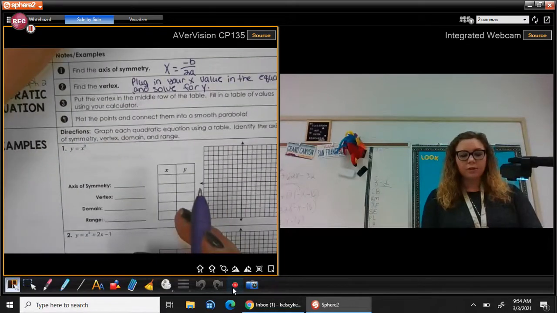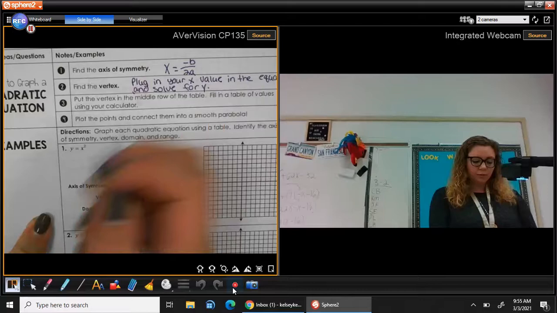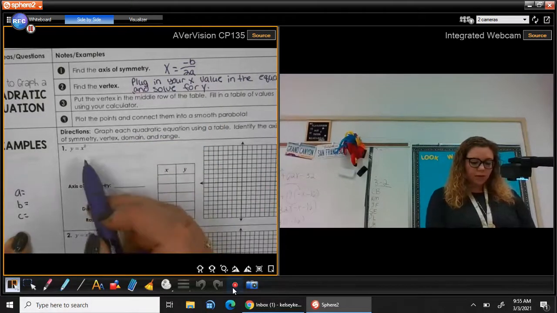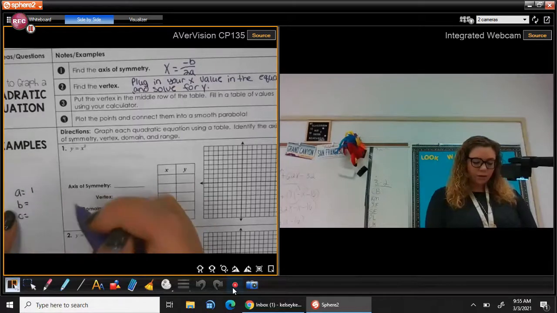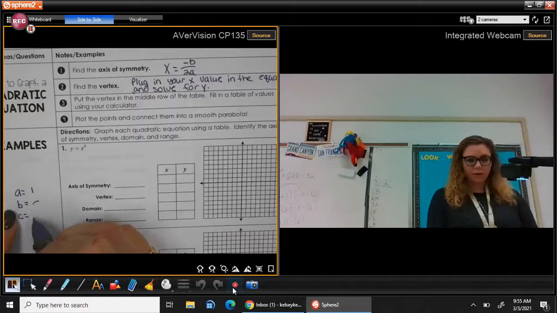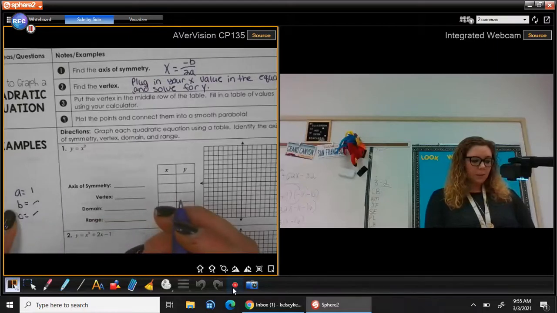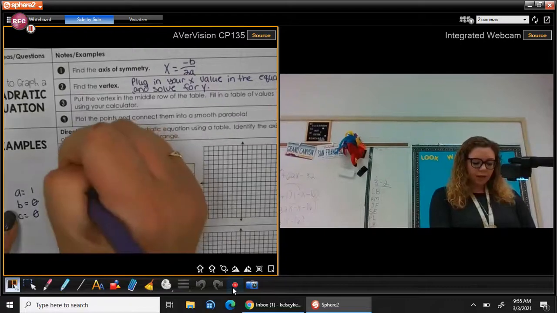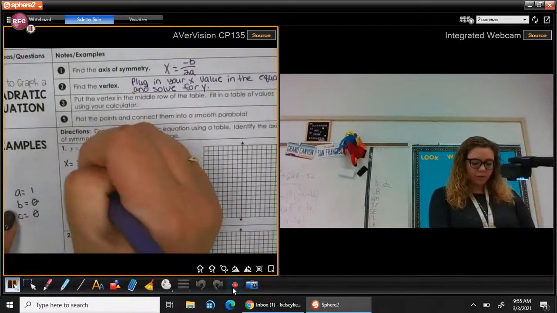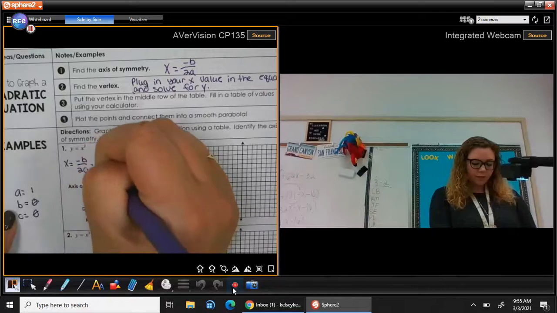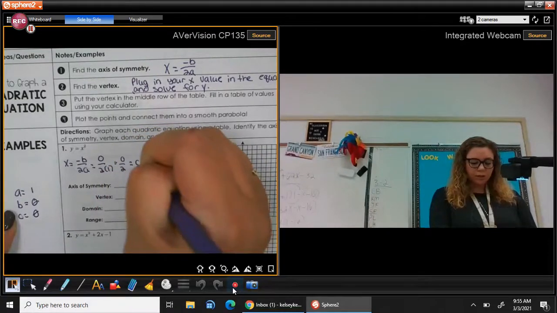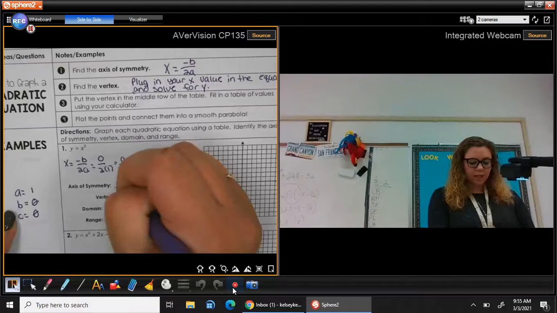So a equals 1, and we don't have a b or a c, so they're 0. So x equals negative b over 2a. Negative b is 0, over 2a, which is 2. So 0 over 2 is just 0. So my axis of symmetry is x equals 0.